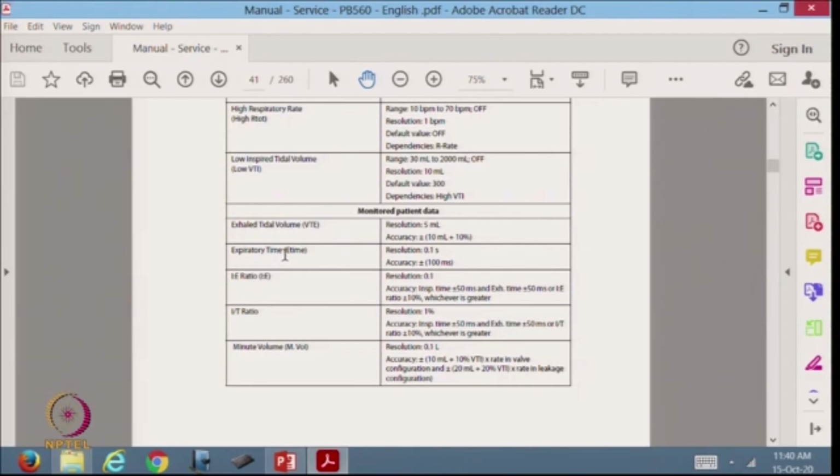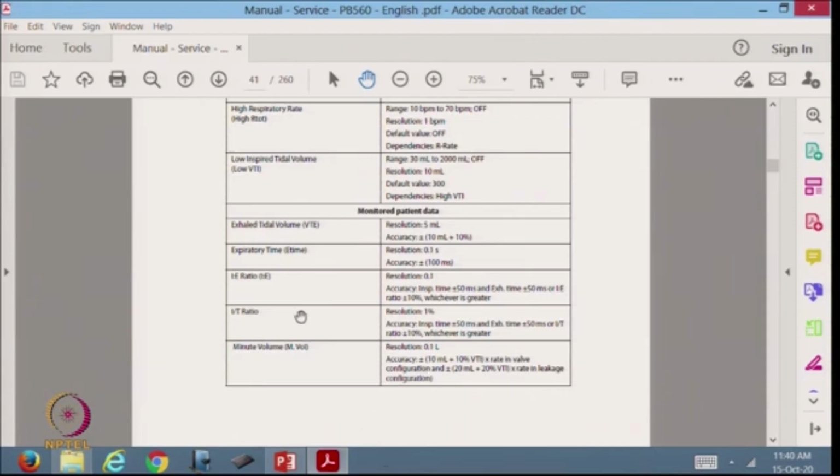Expiration time, that is how much time the patient is expiring air, expelling air. The resolution is 0.1 second, accuracy plus minus 100 milliseconds. The ratio of these two times: resolution is 0.1, accuracy for inspiration time plus minus 50 milliseconds, expiration time plus minus 50 milliseconds, the ratio plus minus 10% or whichever is greater.